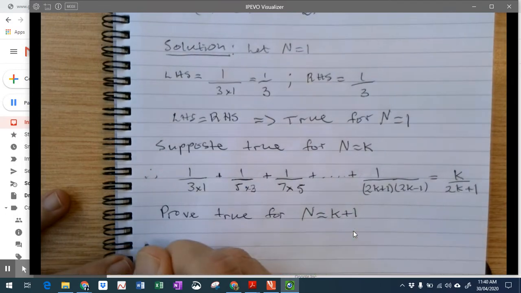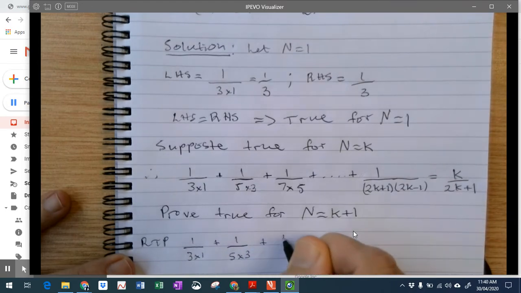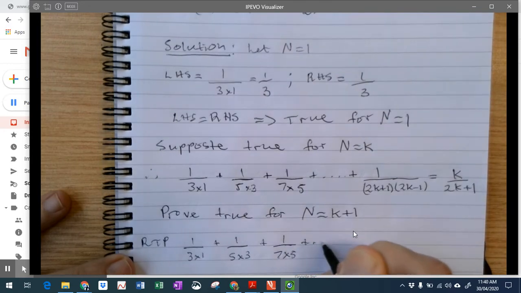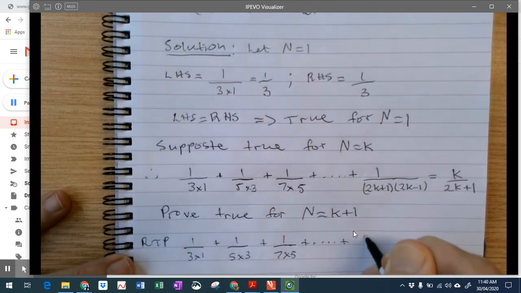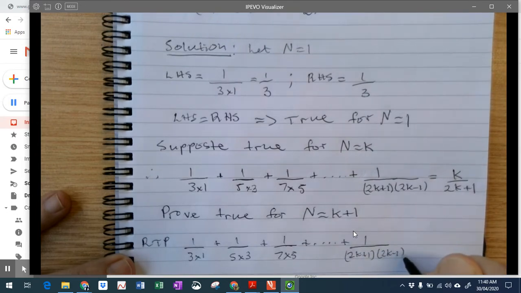So that means you've got to prove, or required to prove, that 1 over 3 times 1 plus 1 over 5 times 3 plus 1 over 7 times 5, dot, dot, dot, plus, and you write out the whole expression again, 2k plus 1, 2k minus 1.